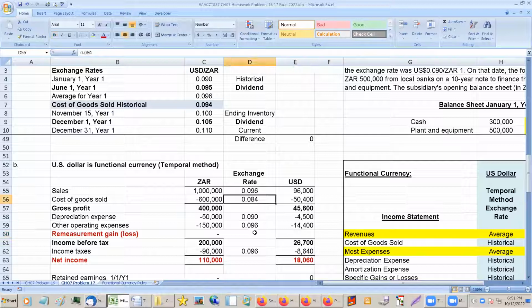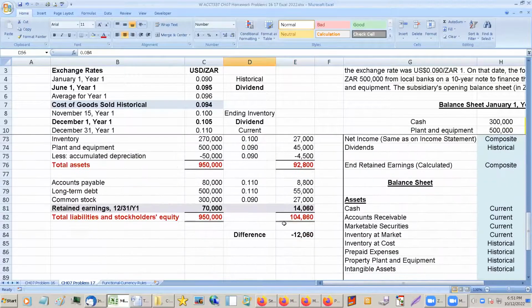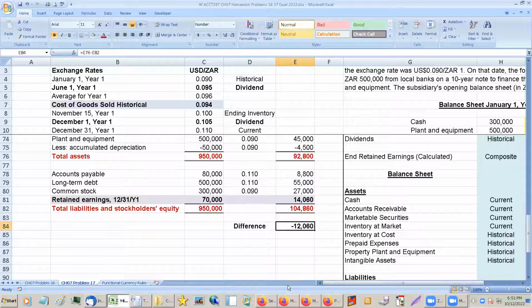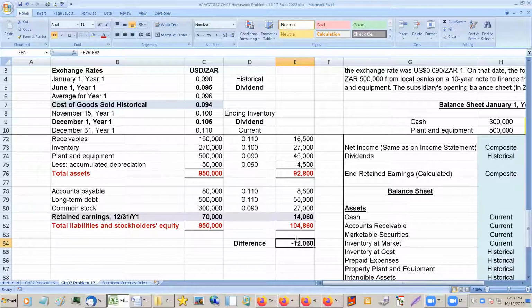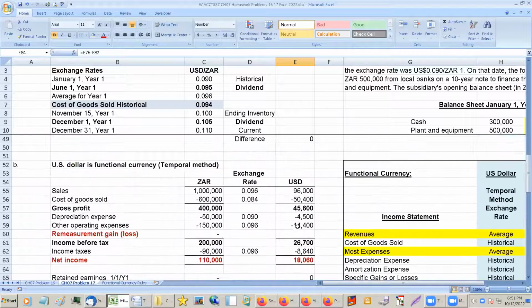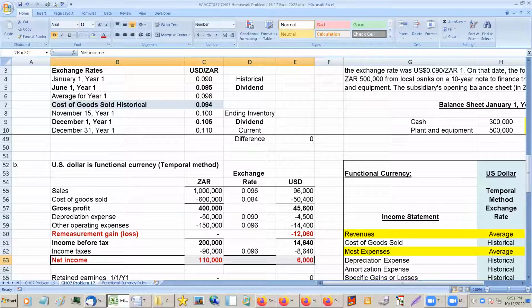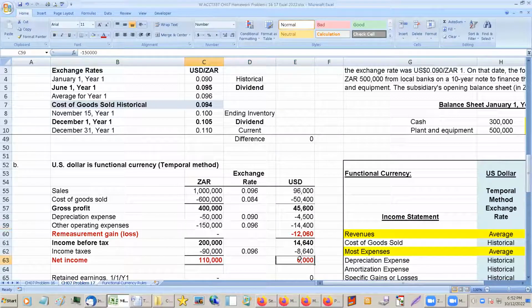Let's say I put this in 0.084. Right. So I made a mistake. I put this in. We would come up with a correction of 12,060. Income would be exactly the same. Here's the question, why? I put the wrong number in here, and yet we got the correct income.